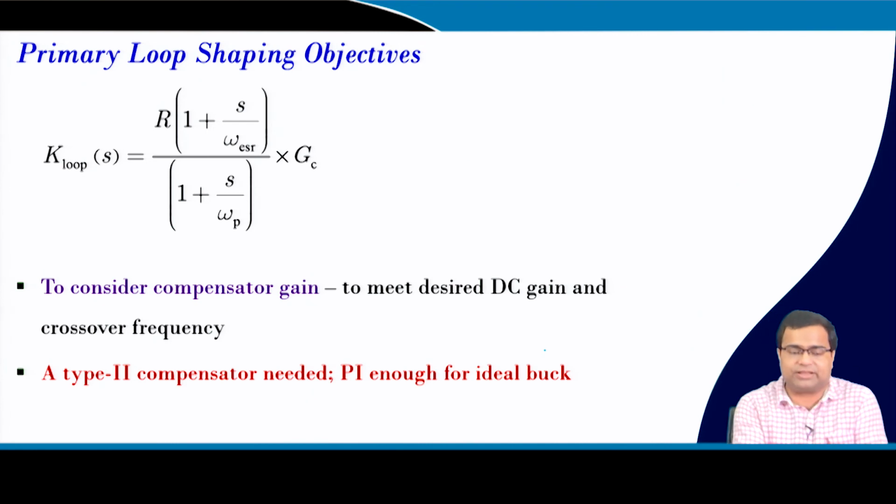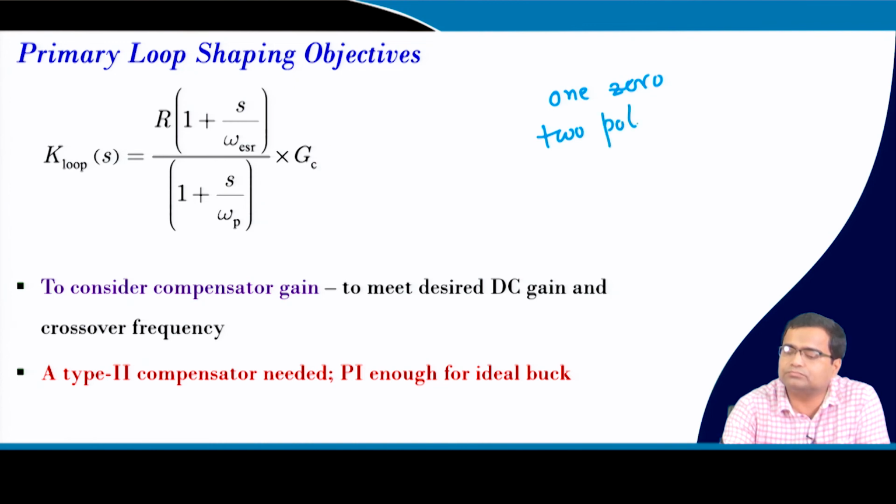So, a type 3, that means we need how many poles? So, we need 1 zero and 2 poles, 2 poles, that means including the pole at origin.